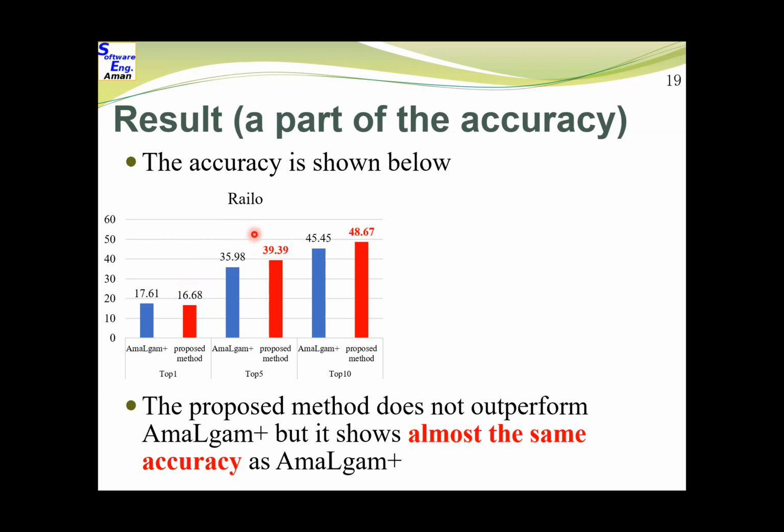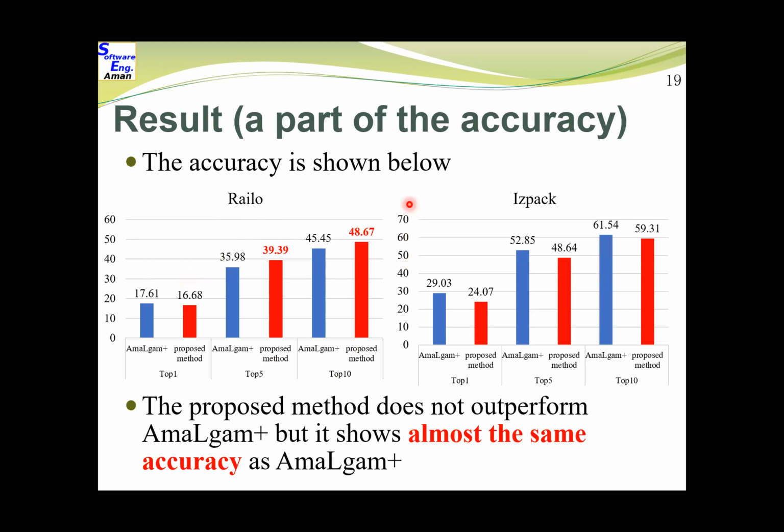In the Rails project, the proposed method improved the accuracy for top 5 and top 10 cases. In the Spike project, no accuracy was improved by the proposed method. The result shows that the proposed method does not outperform amalgam plus, but it shows almost the same accuracy as amalgam plus.